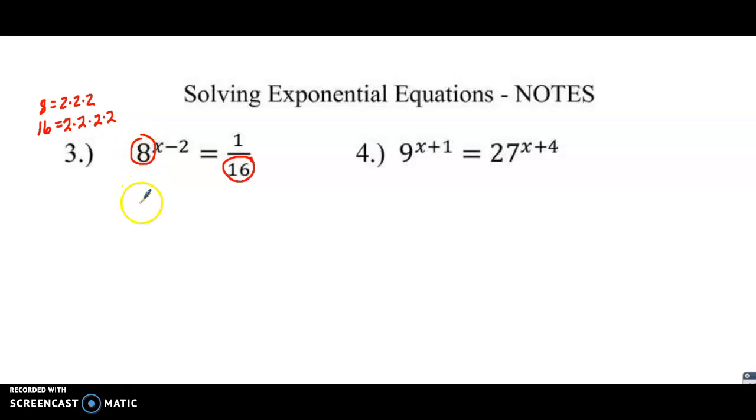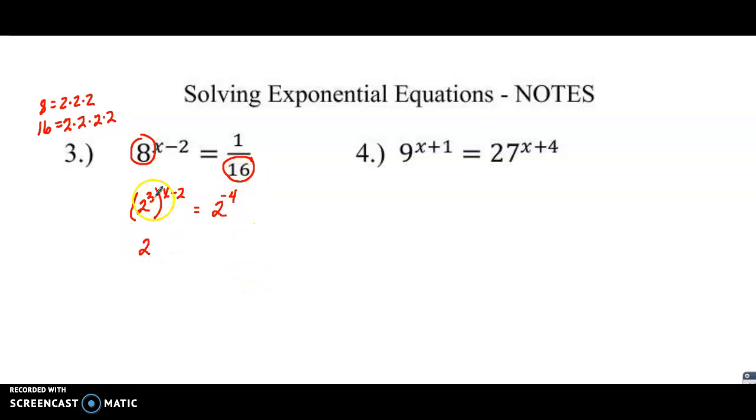So I can rewrite my 8 as 2 to the third power, raised to the x minus 2. And remember, when we have 1 over a number, that exponent would have been negative, so 1 over 16 is 2 to the negative 4.